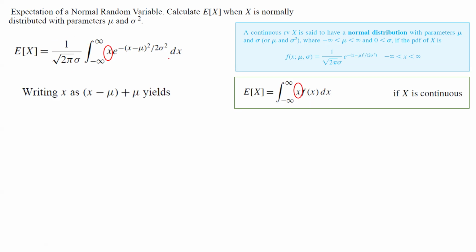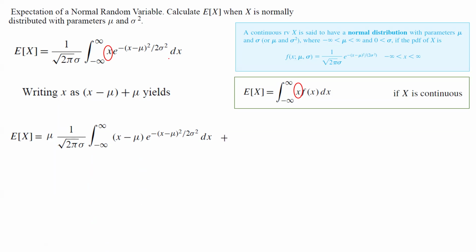To make this integral a little bit more manageable, we're going to write x as x minus mu plus mu. Very good. So let's see what's happening here. The expected value of x becomes 1 over square root of 2 pi sigma times the integral of (x minus mu) e to the power negative (x minus mu) to the second power divided by 2 sigma squared dx.